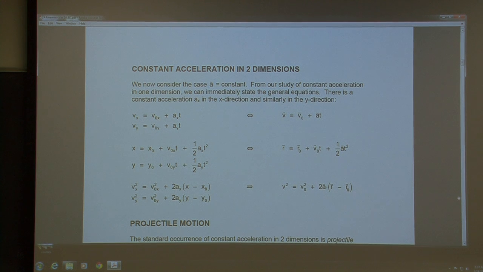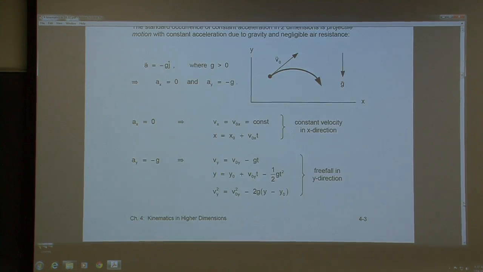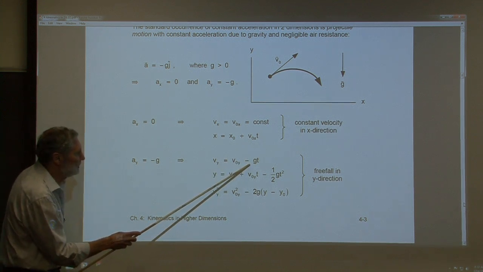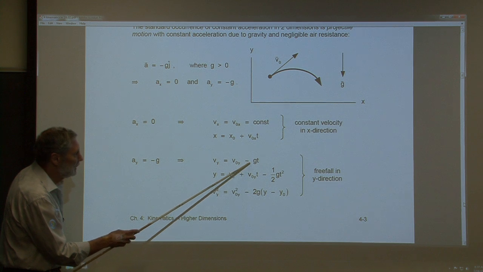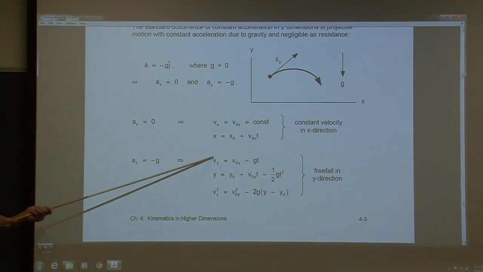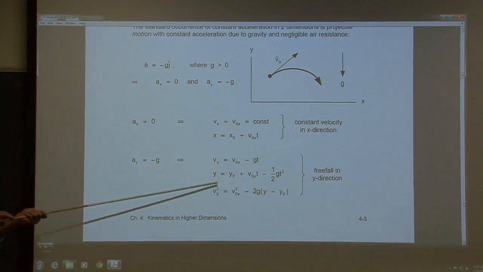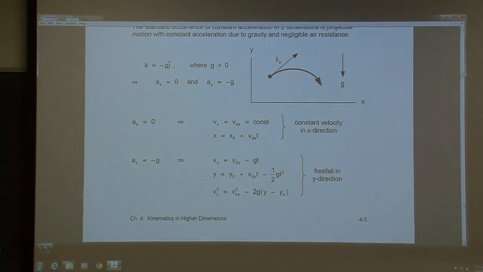The y velocity, on the other hand, is going to behave like we saw in free fall in 1 dimension. We substitute minus g for a_y here, and we get this. So here are the 3 equations we've seen before, except everywhere there's a y, we had an x before. So this is just 1-dimensional constant acceleration.